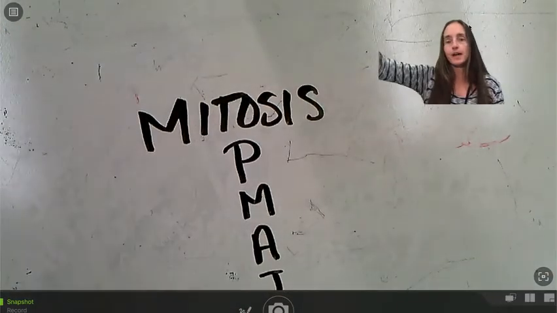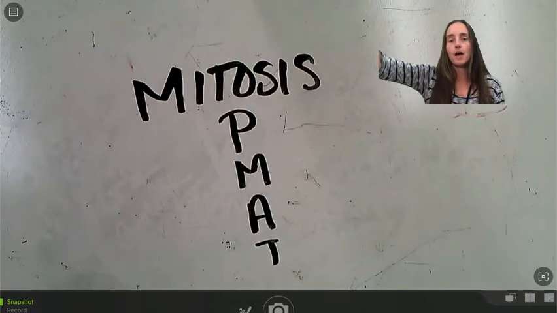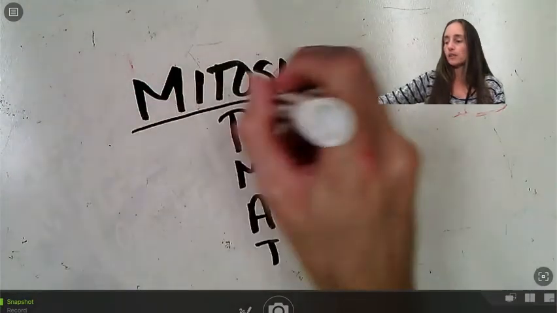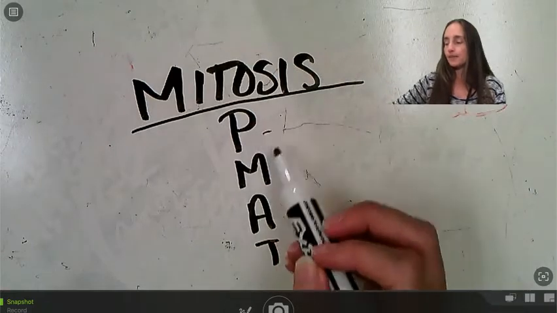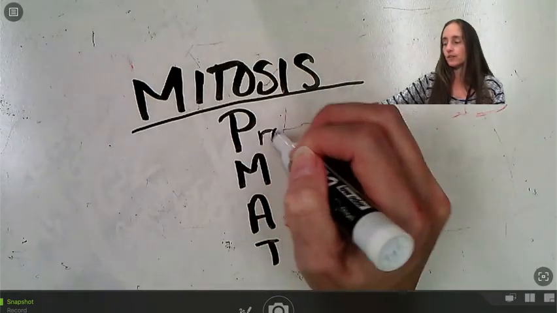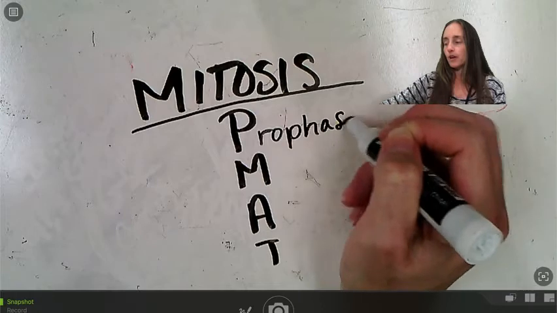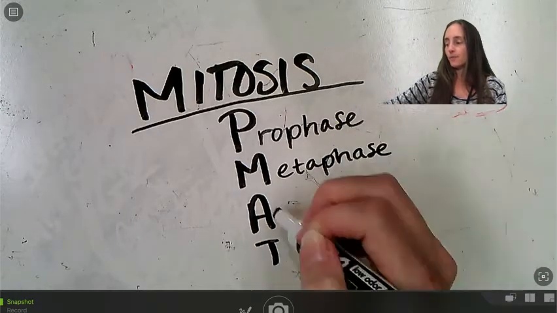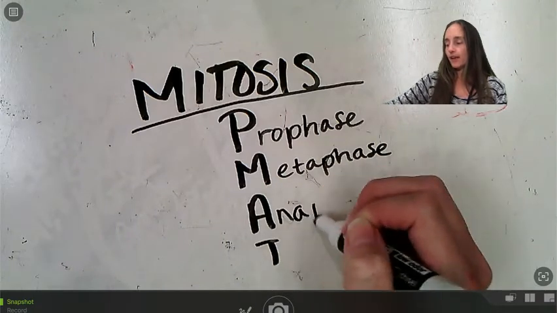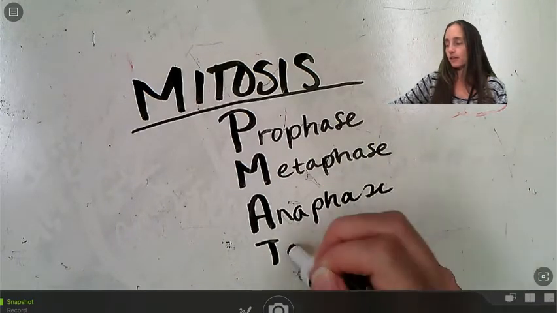And so PMAT is going to be where it's basically all parts of mitosis, and you're seeing what happens in each of these phases. So I'm just going to list them for you really quick, and then we'll talk about what happens in each of them. So prophase, metaphase, anaphase, and telophase.